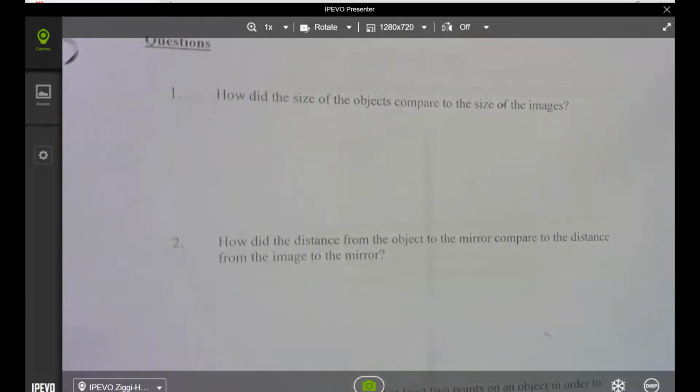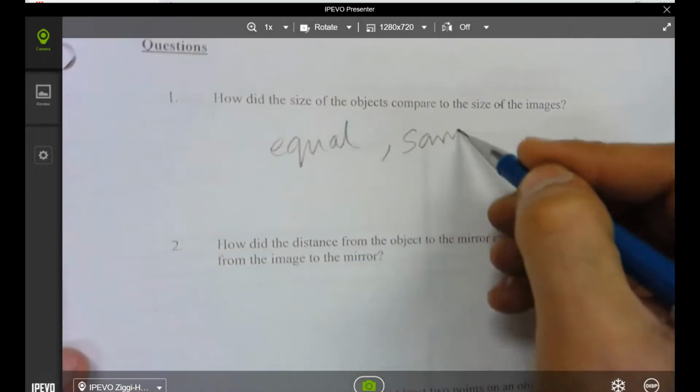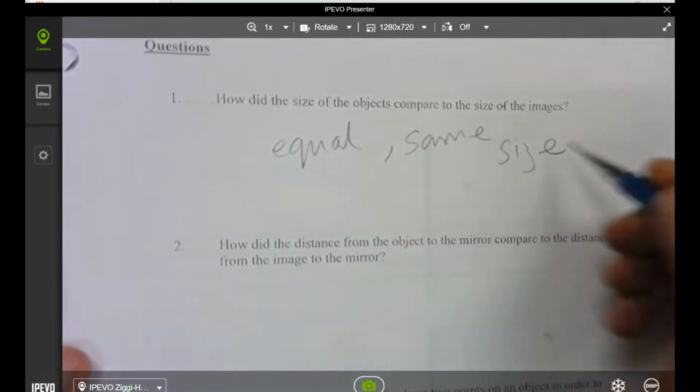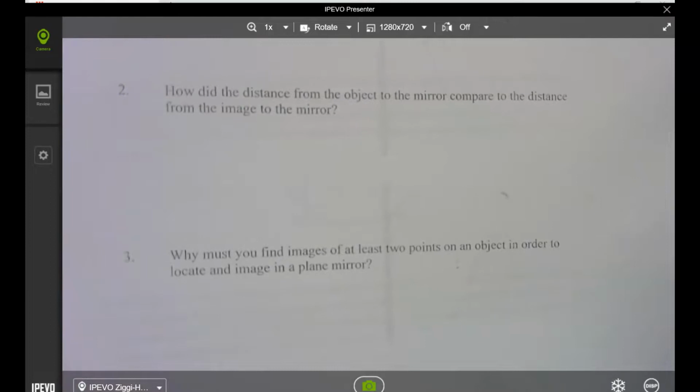Okay, how does the size of objects compare to the size of images? Yes? They are equal or the same size. And this makes sense. This is what we see in a plane mirror, right? We're not magnified or smaller. The image is the same size. We talked about this yesterday as well.